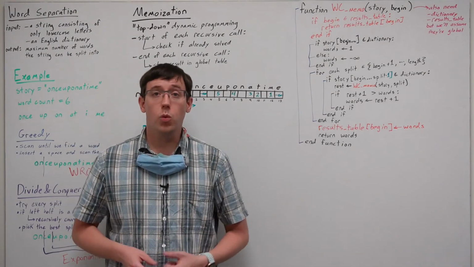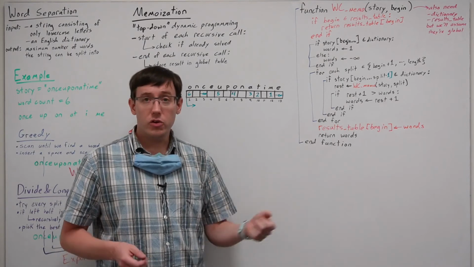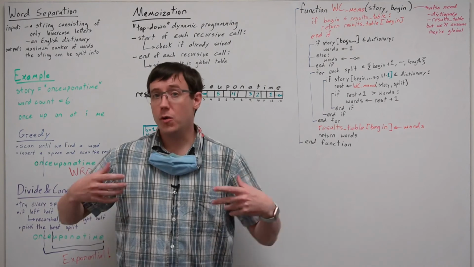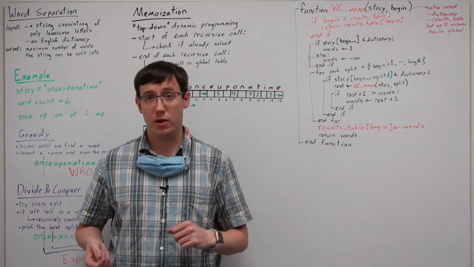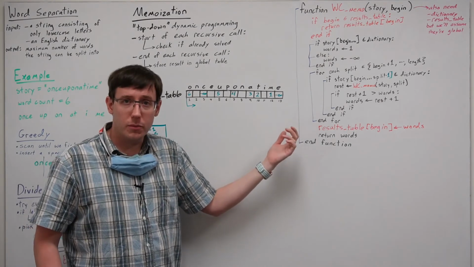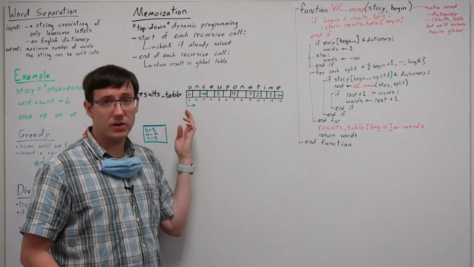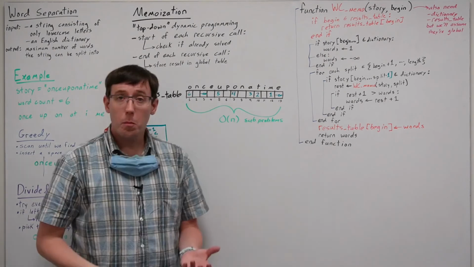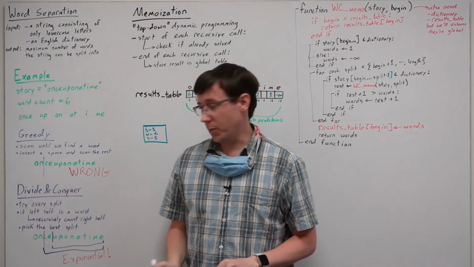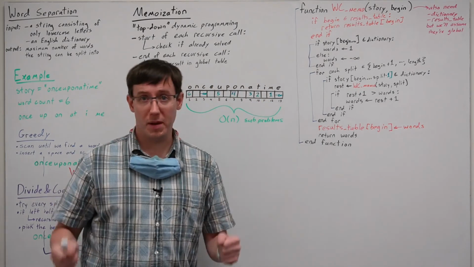If we do a worst-case analysis of the running time for this algorithm, we should think about how many subproblems we are solving, and how much work it takes to solve each subproblem. Here, we ended up solving 8 different subproblems, but in the worst case, we might have to fill in this entire table. But big O of n subproblems to solve is far better than having an exponential number of recursive calls if we don't memoize.